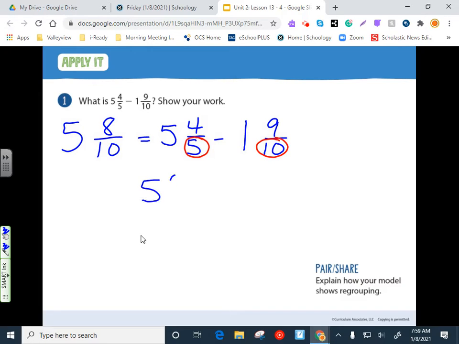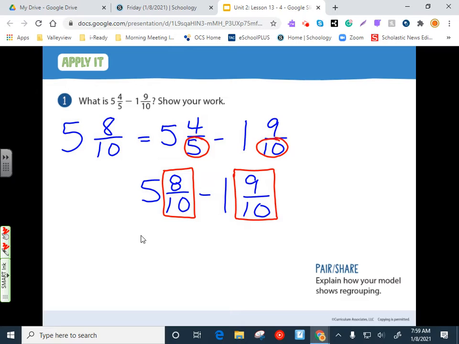So I have 5 and 8 tenths minus 1 and 9 tenths. So as we know with subtraction, we have 8 tenths minus 9 tenths, and you can't take 9 things away from 8, so we will have to borrow. So I'm going to borrow 1 whole, and over here I'll remind myself that 1 whole in this case is 10 over 10, and that means we will add 10 to this to make it 18.